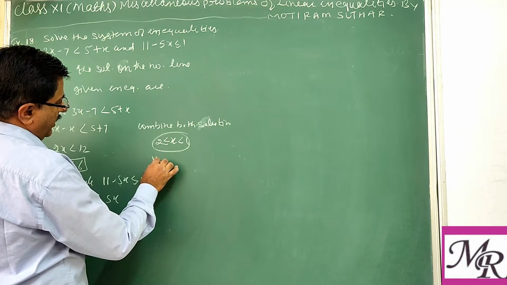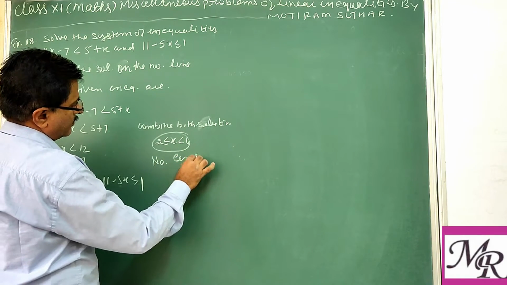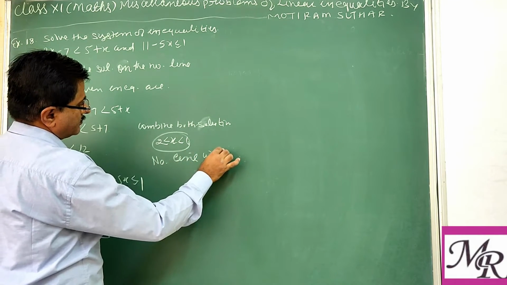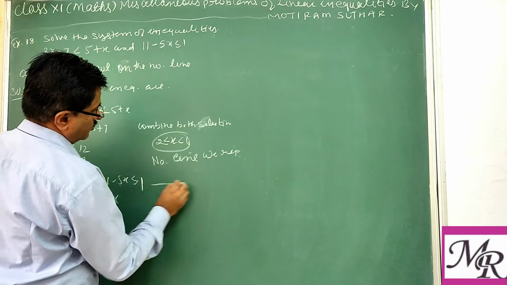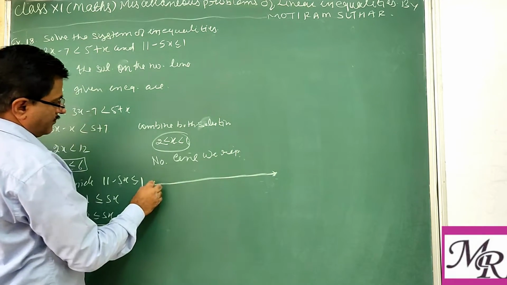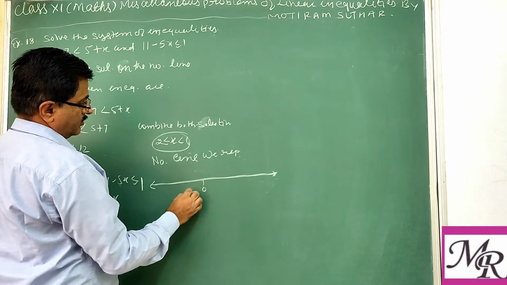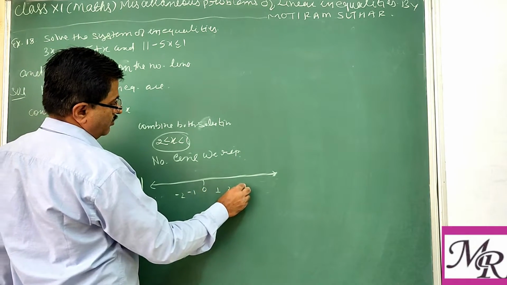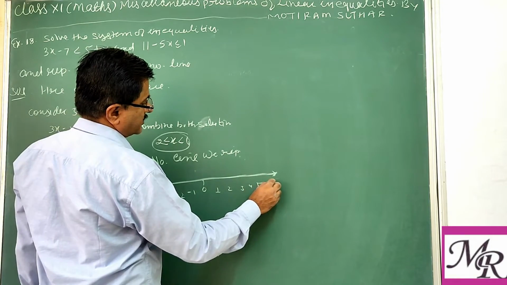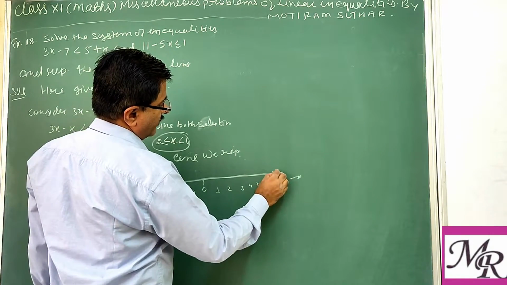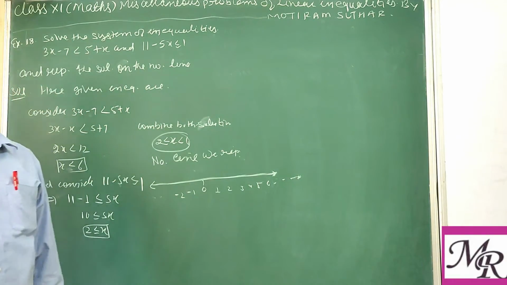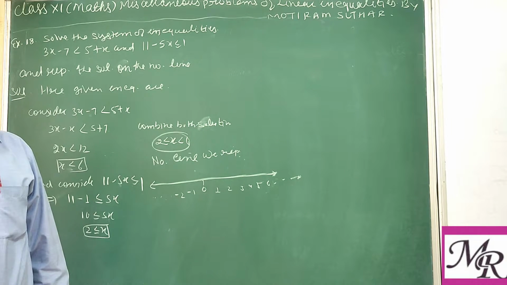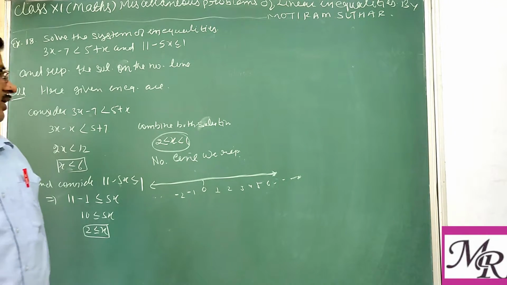On the number line we represent. So you know that number line: here 0, minus 1, minus 2 goes to infinity, 1, 2, 3, 4, 5, 6 and goes to infinity. So this is the number line. Now we have to represent on the number line.